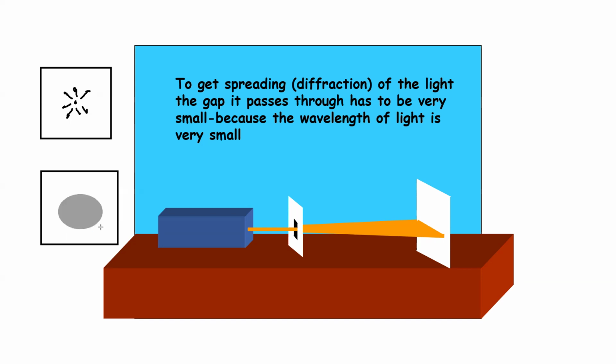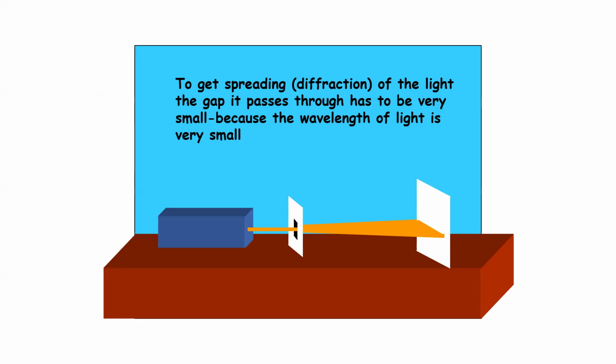So these are different diffraction patterns depending on how the slit is placed. The slit might be placed horizontal, vertical, or it might be a small opening. The spreading of the wave when it passes through a gap is what we call diffraction.